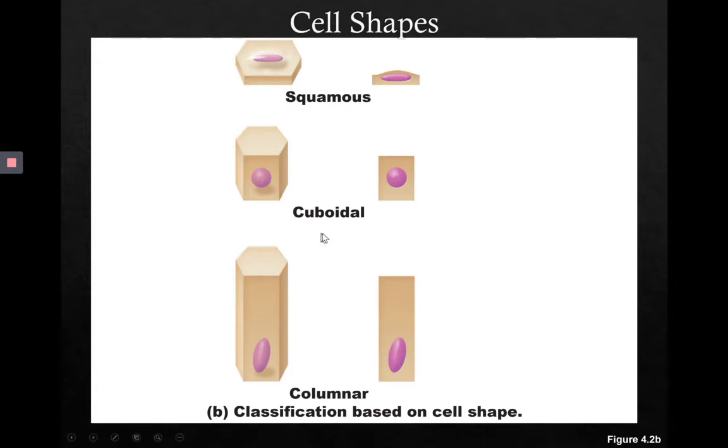And in cuboidal, we see that the nucleus tends to be more spherical. In squamous, if we weren't looking at a side view, the nucleus would be more spherical or circular, but a side view would show us that the nucleus is oblong. And then in a columnar cell, the nucleus is oblong and much skinnier if we were to look at an apical surface view.